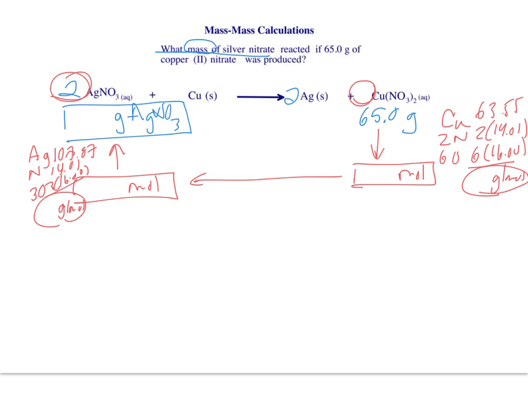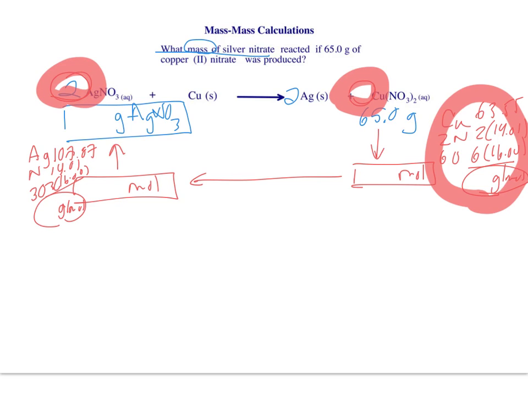And now you have all the information that you need for your different calculations. You have the molar mass as a conversion factor. You have the mole ratio as a conversion factor, and you have your other molar mass as a conversion factor.